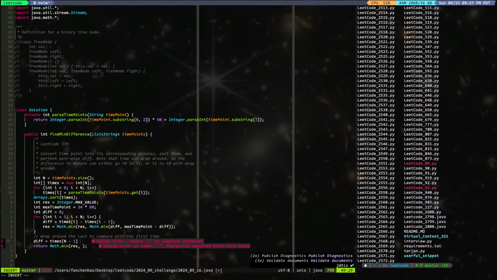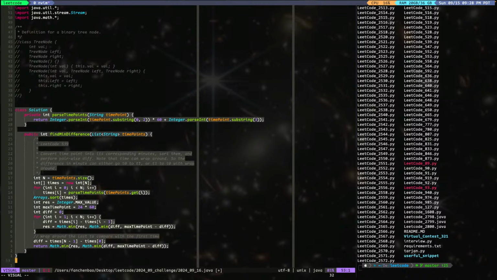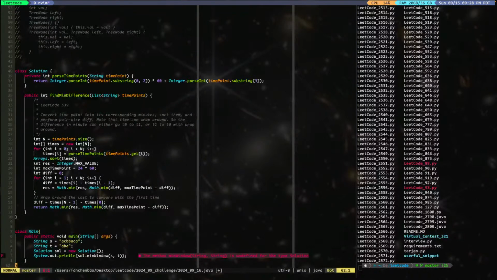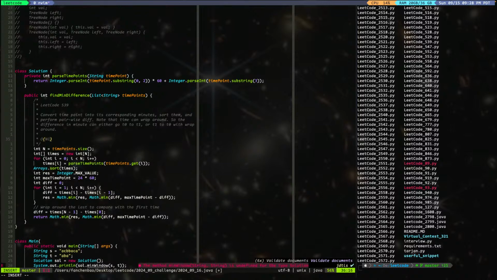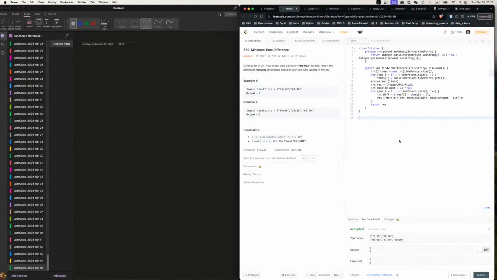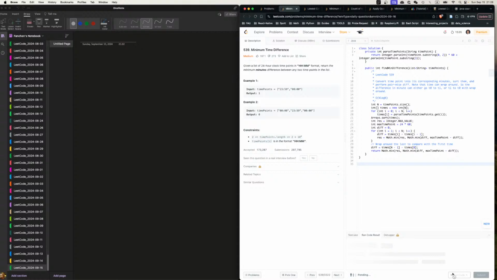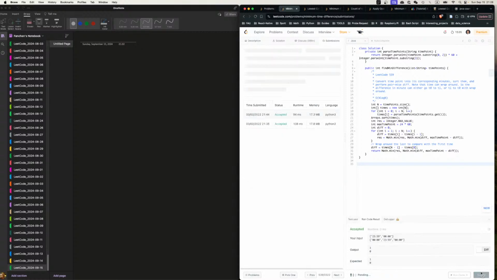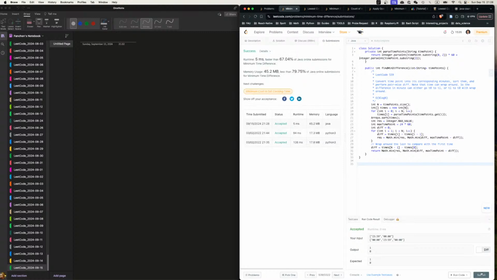Alright, so basically this minus times 0, so that's the difference, and shift into Math dot min diff or max time minus diff. Okay, so we handle this wraparound thing. This is O(n log n). Give this a shot. Should be right. Submit it. Oh, old problem. Done it before.